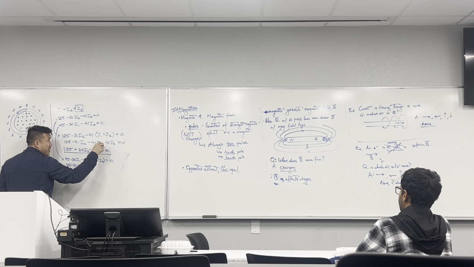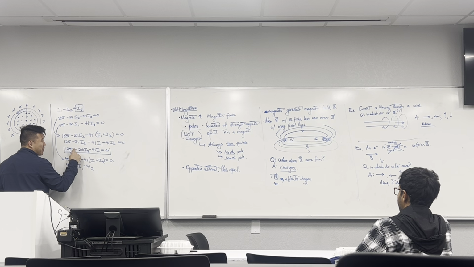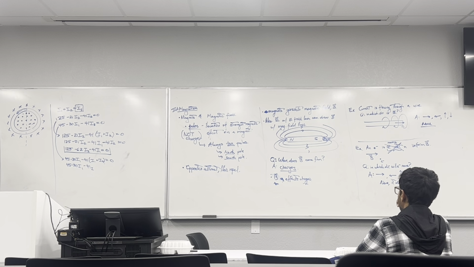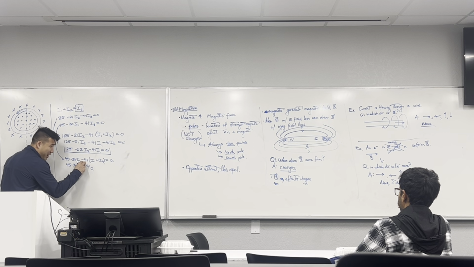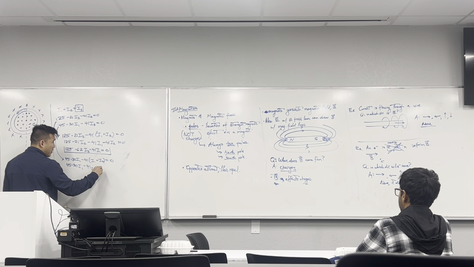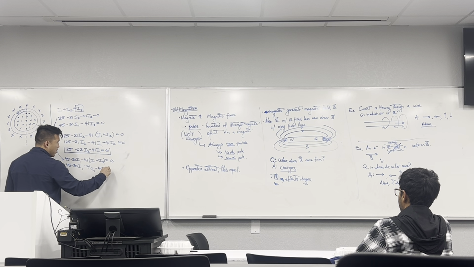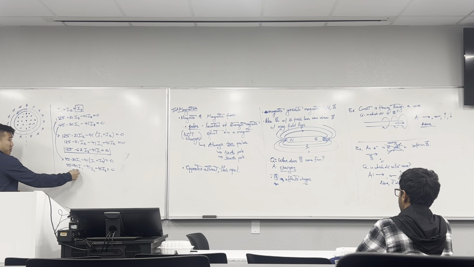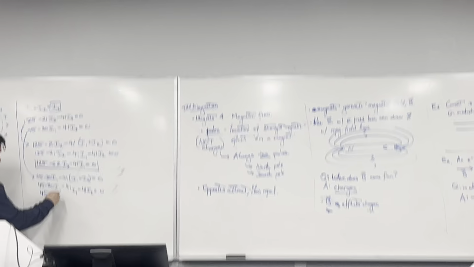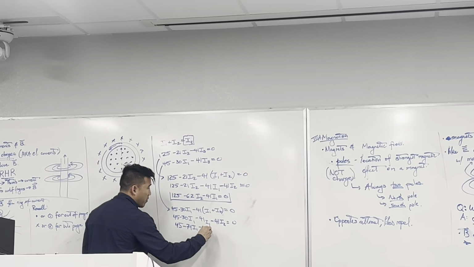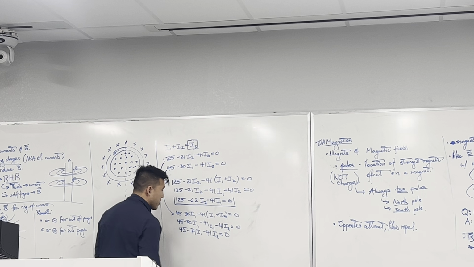And so it's minus 21 minus 41, so this should be minus 62. Sorry, I made a mistake. Likewise, this negative 41 gets distributed to both, so it's minus 41 I1 minus 41 I2, that is equal to 0. Here we see the I1s share the same variable, so it's minus 71 I1 minus 41 I2 is equal to 0.